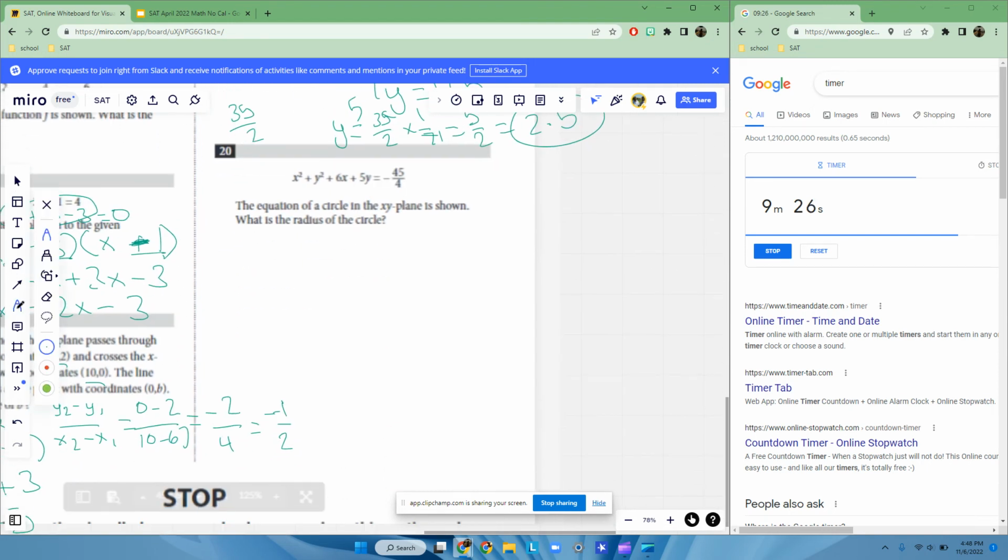Next question, last question. So the equation of a circle is shown. What is the radius of the circle? When we're doing radius, we always want to remember that we find square roots too. This is basically the radius, but we're trying to find it through the equation of a circle. How we're going to do this is start off by factoring them out. I'm going to use 5 to get this into a simpler fraction.